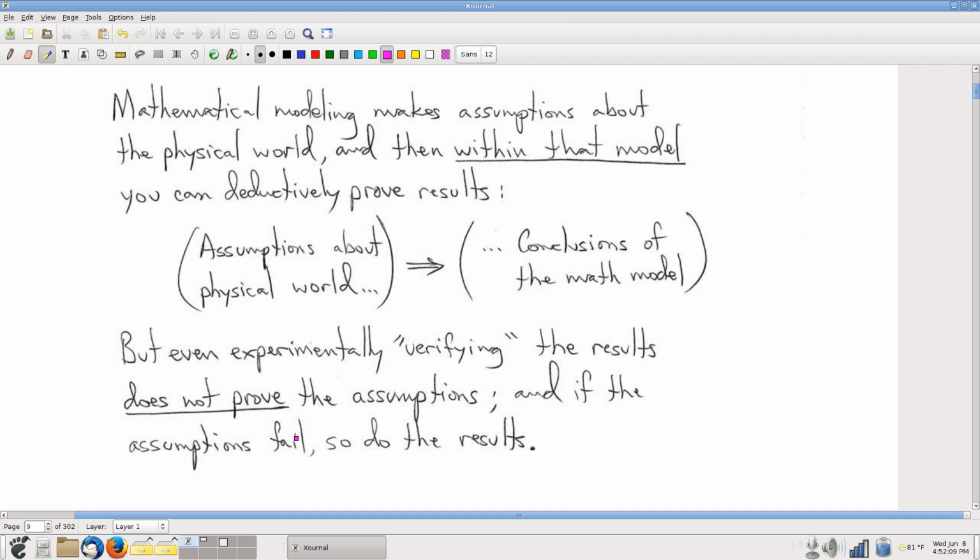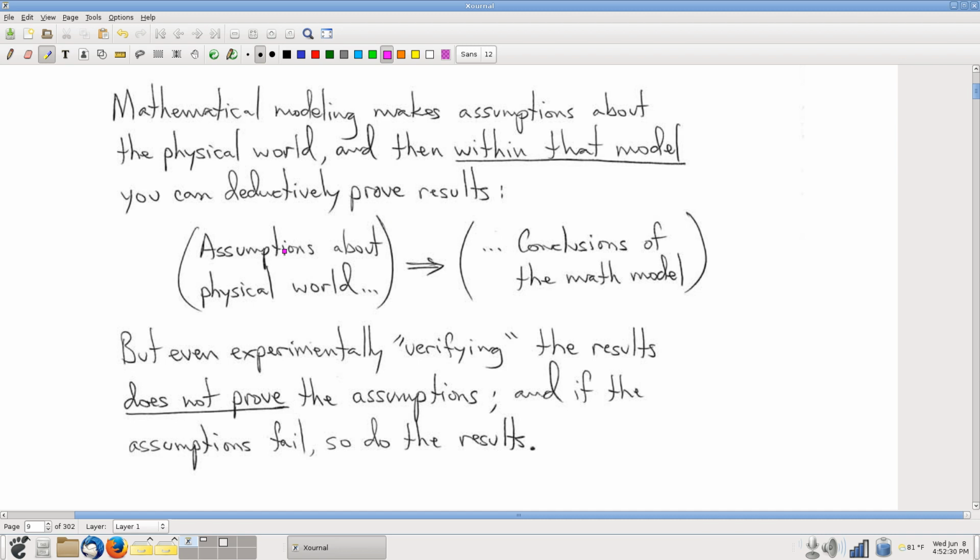All right. So let's talk about mathematical modeling now. Mathematical modeling is something that's relevant to science. I mean, a lot of what science is creating mathematical models that describe the world. And yes, you can do deductive reasoning within that model. Absolutely.